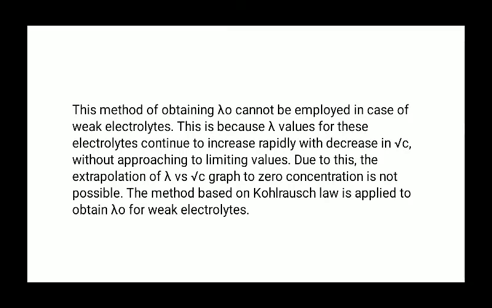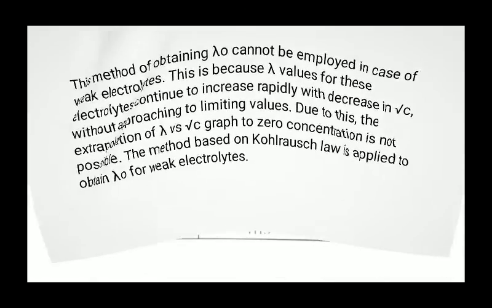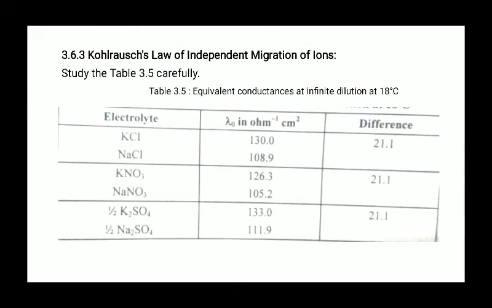Due to this, extrapolating the graph of lambda versus root of C to zero concentration is not possible. The method based on Kohlrausch's law is applied to obtain lambda 0 for weak electrolytes. Kohlrausch's law of independent migration of ions.